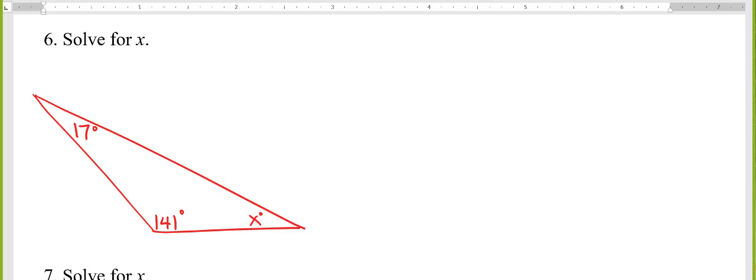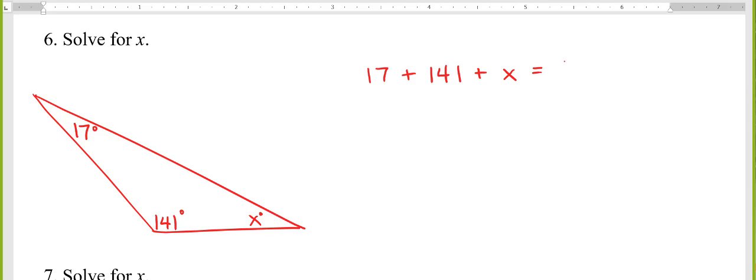What's the math equation for number 6? What are you going to write down? Add all of them up to 180. So you're going to say 17 plus 141, plus x equals 180.